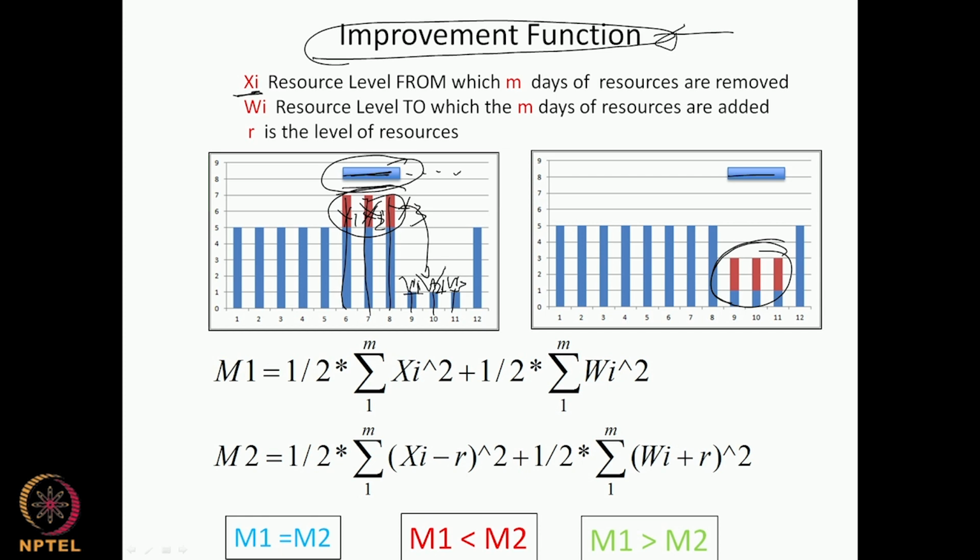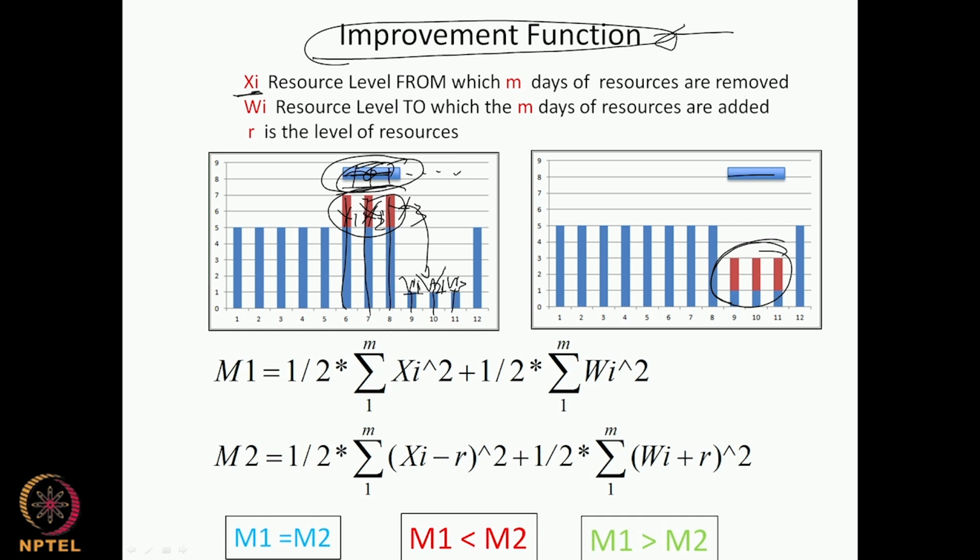Now R is the level of the resource, the resource load of that activity. Remember we said they have a certain resource load, so that is R. Based on this, if we are going to calculate the moment of this histogram, I have put it in an expanded form.